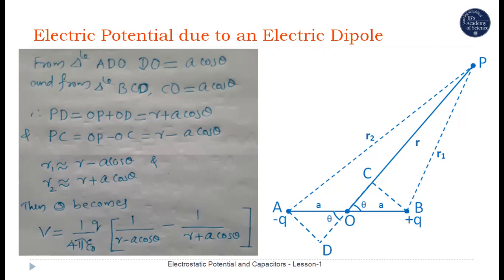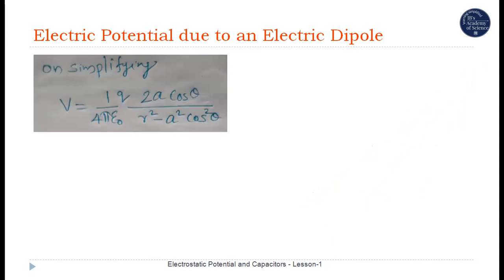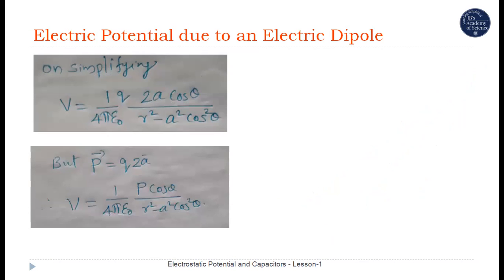Then this equation becomes V is equal to 1 by 4 pi epsilon 0 Q into 1 by R minus A cos theta minus 1 by R plus A cos theta. Just we are substituting for R1 and R2. On simplifying, V is equal to 1 by 4 pi epsilon 0 Q into 2A cos theta by R square minus A square cos square theta.